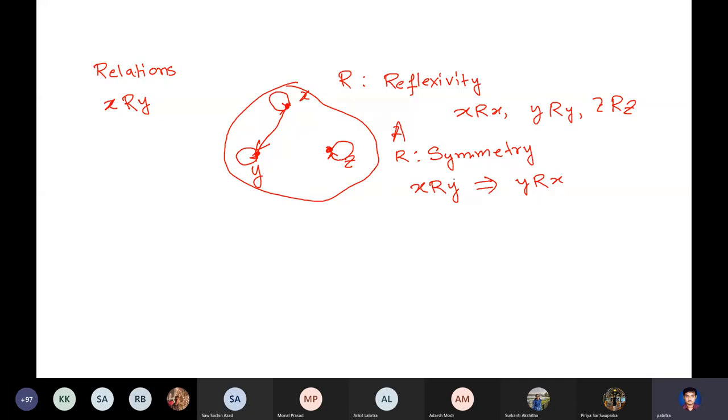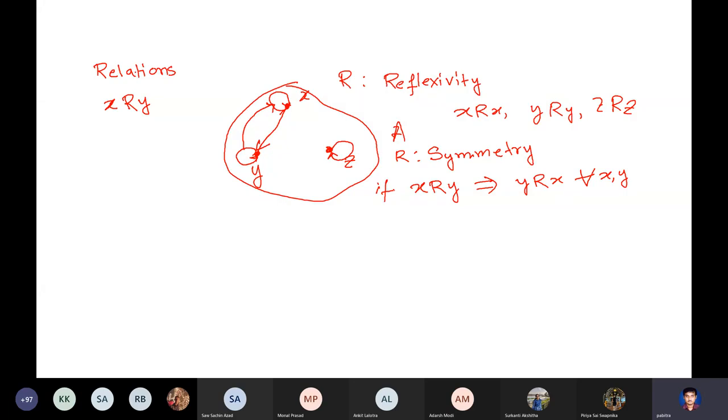If I have an arrow from X to Y, it definitely means there is a back arrow like this. And this should hold for all X, Y.